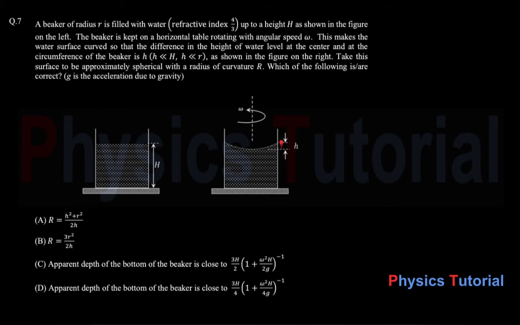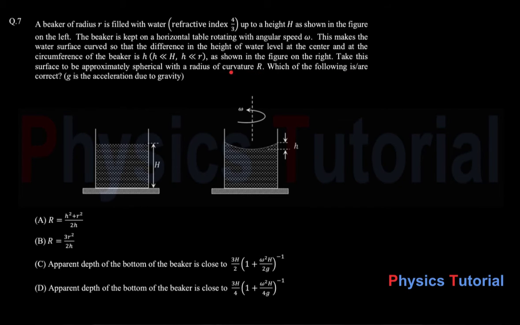Small h is very less than capital H, and also very less than the radius r, as shown in the figure on the right. Take this surface to be approximately spherical with a radius of curvature R.